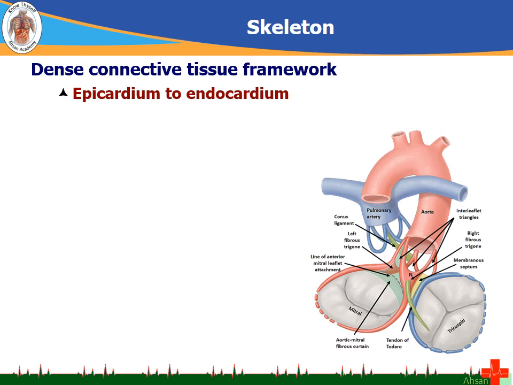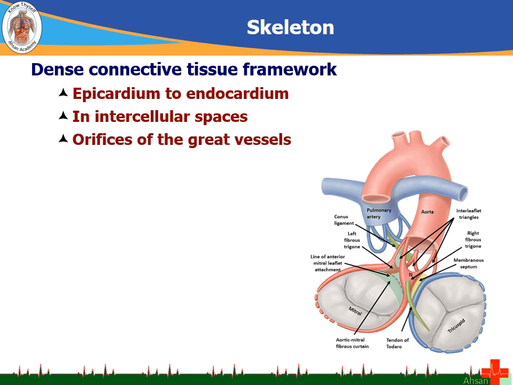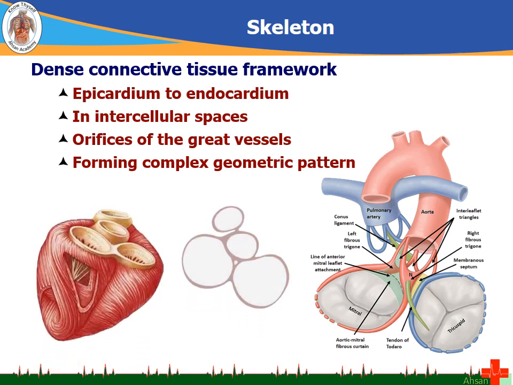All the layers contain this connective tissue contribution, and it is very thin between the cells in the intercellular space. It becomes thicker around the great vessels and the orifices of the great vessels, forming a complex geometrical pattern all over the heart. You see, it makes a circle around the orifices and also spreads all over the heart to form a net.